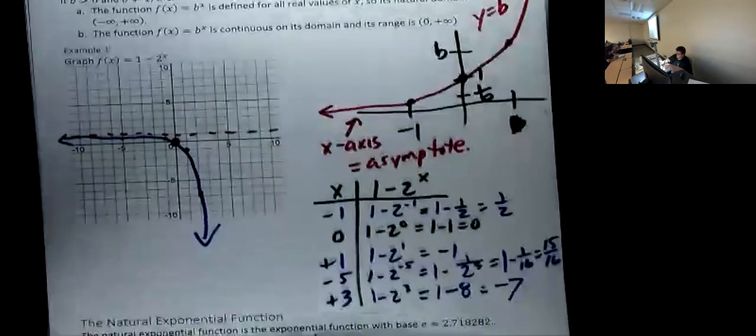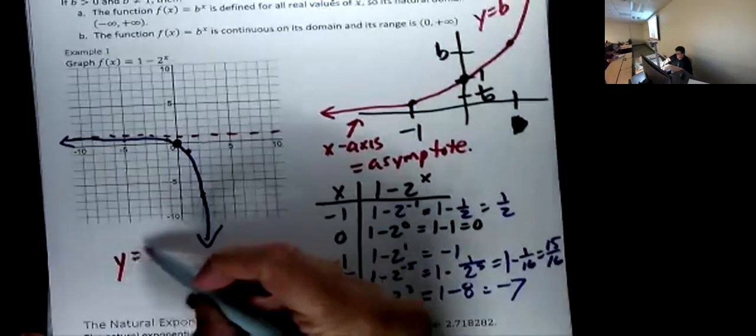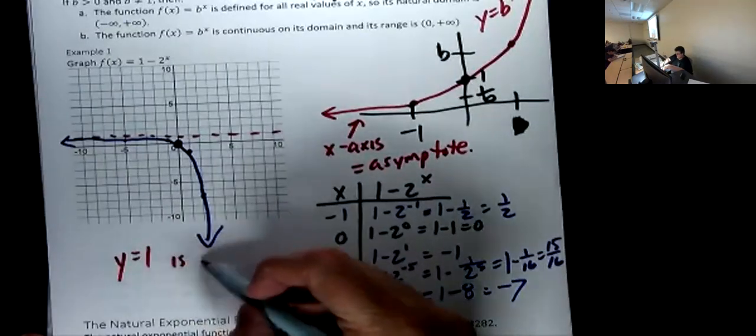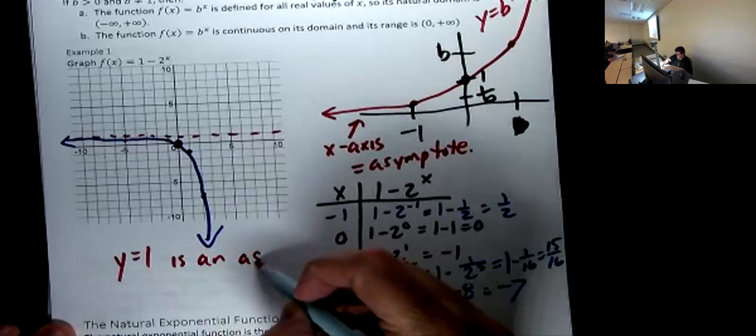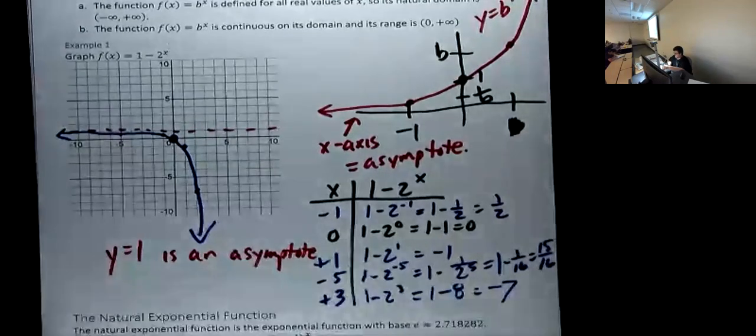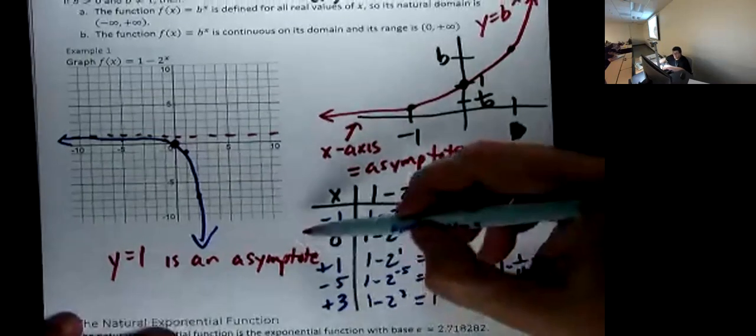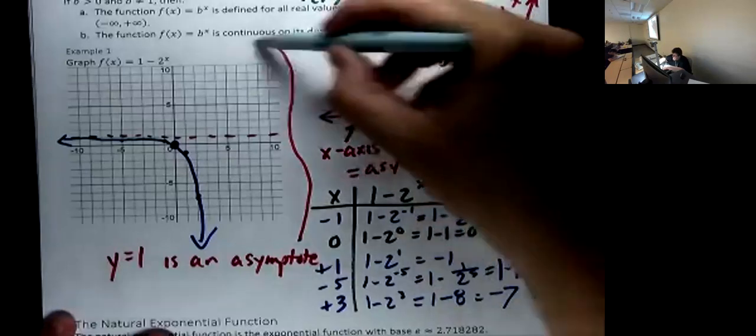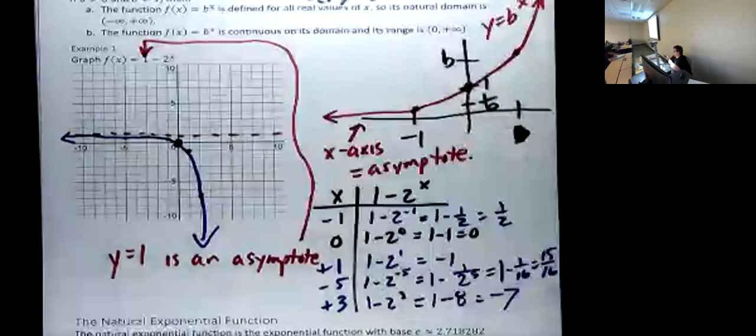On this one, y = 1 is an asymptote. And it's directly related to that being the 1.